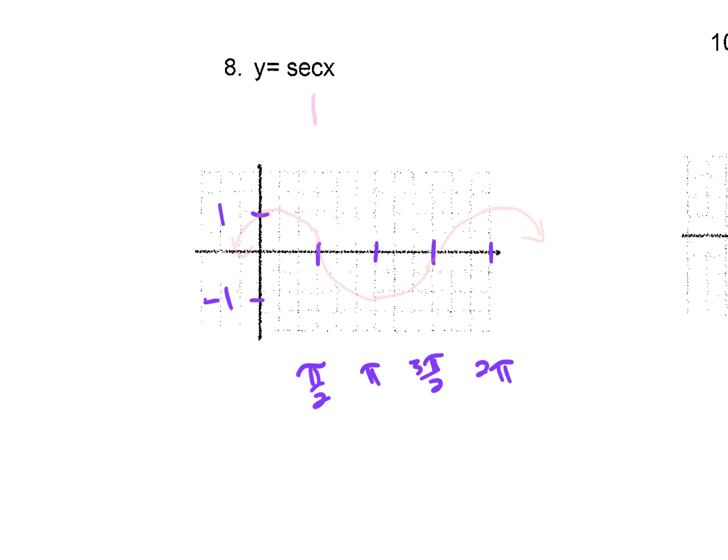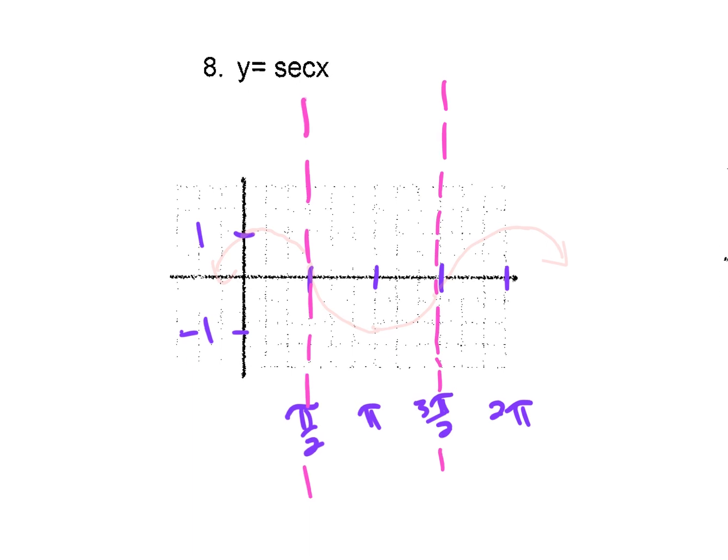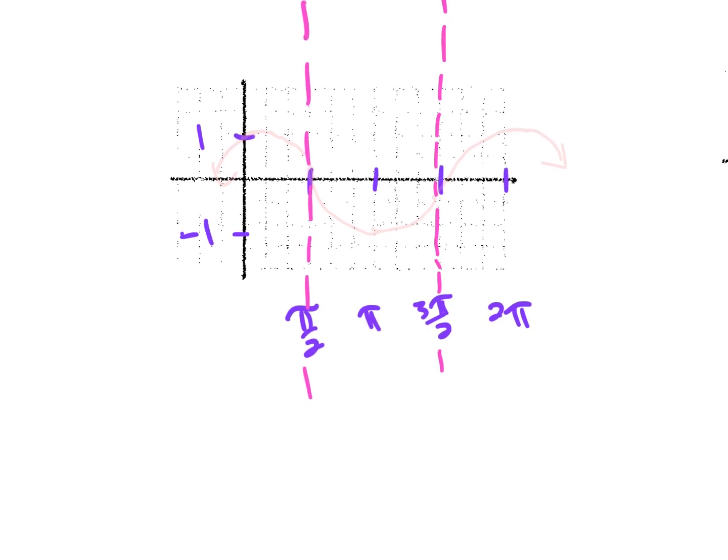So our asymptotes for this graph are here and here, at pi over 2 and at 3 pi over 2. Okay, that middle section between the two asymptotes, it's pretty easy here: I'm drawing that critical point and then reflecting that cup.